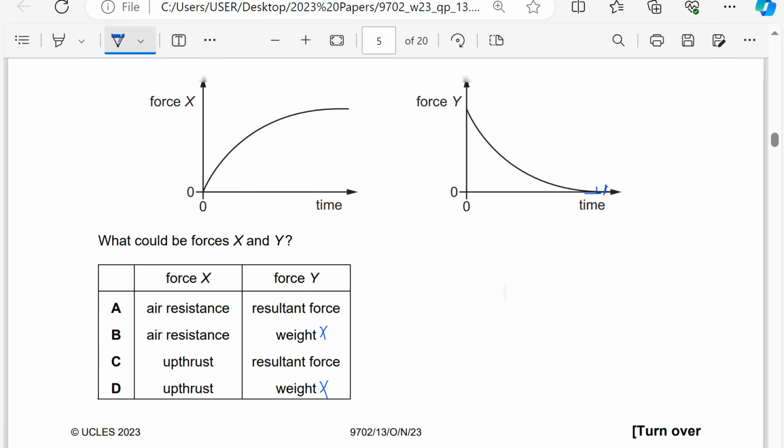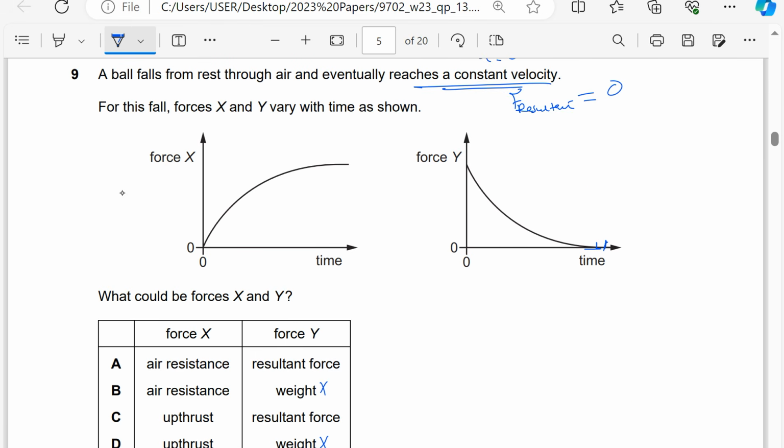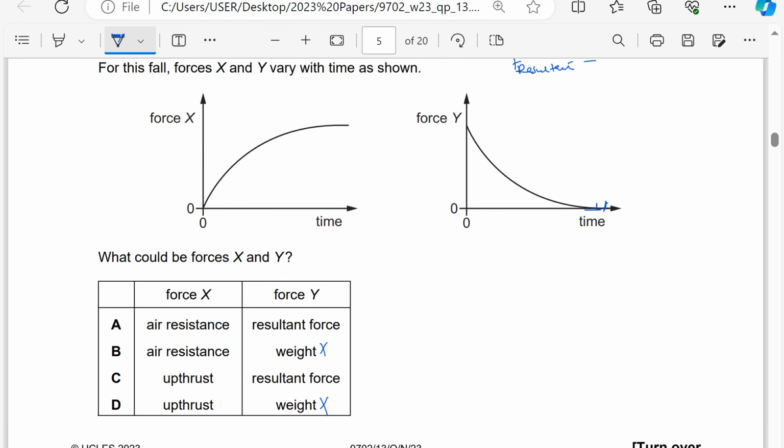And if Y is the resultant force, then how about X? Of course, X is going to be the air resistance. Remember, the force due to air resistance is directly proportional to the speed squared. When the resultant force is 0, it means the force due to air resistance cannot increase any further, so it becomes constant.